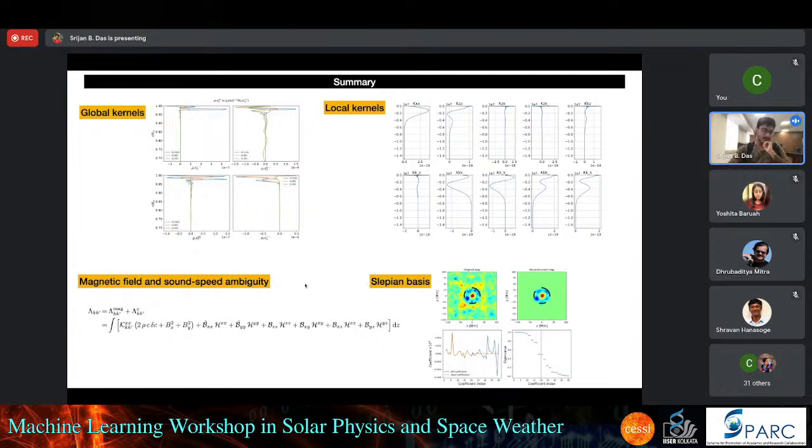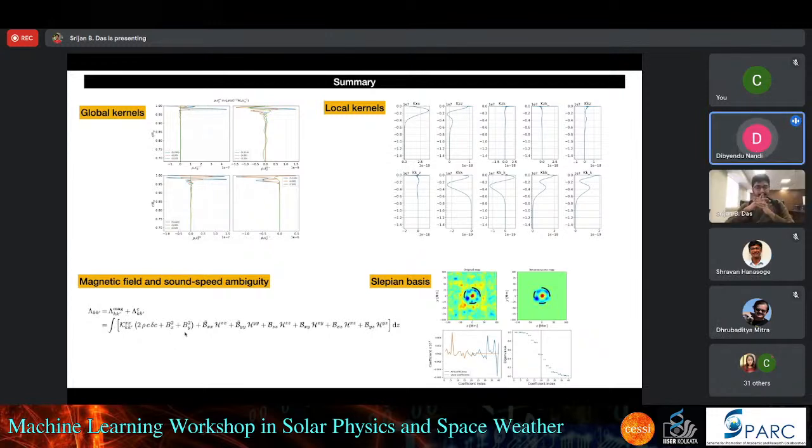And what I have not touched upon, where I guess Devesh's question comes in, is that when you account for the entire inversion, including magnetic fields and sound speed, there's a tiny ambiguity, which is shown by the fact that sound speed and the horizontal part of the magnetic pressure share the same kernel. So it might be hard to infer them unambiguously. So what you would be inferring is a combined quantity.